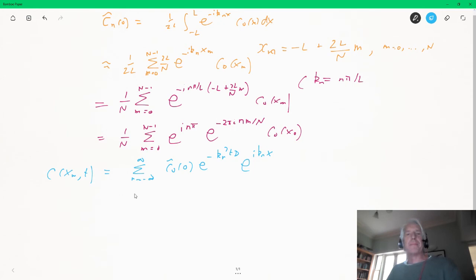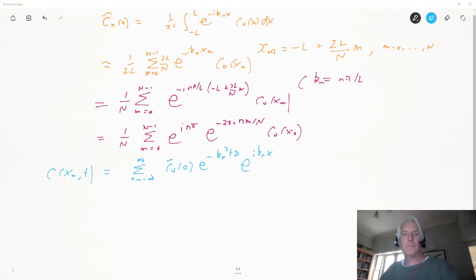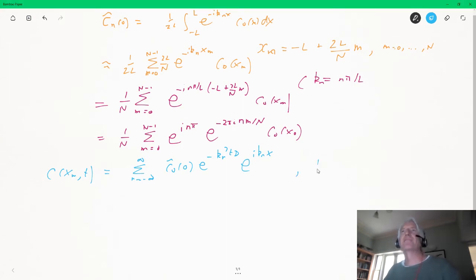All right. Now we substitute the expression for kn that we had before, n pi over L, and we end up with the sum from n equals minus infinity to infinity of C naught hat of naught e to the minus kn squared t d.